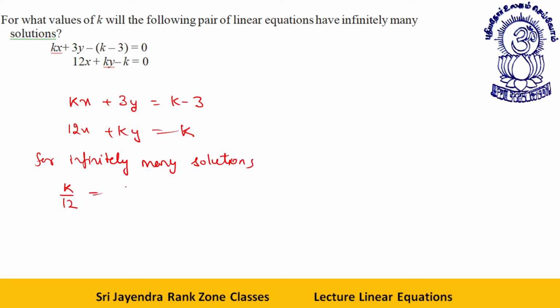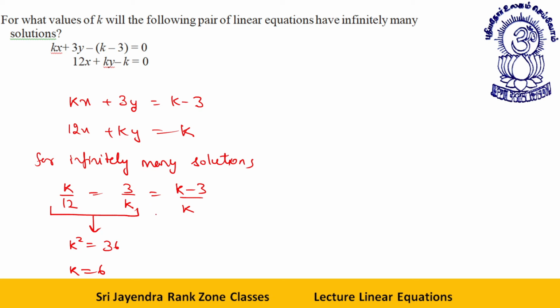A1 by A2 is equal to B1 by B2 is equal to C1 by C2, that is k by 12, 3 by k, and k minus 3 by k. If I equate the first two, I get k square is equal to 36, or k is equal to 6.